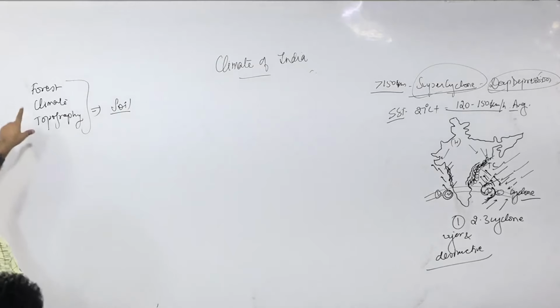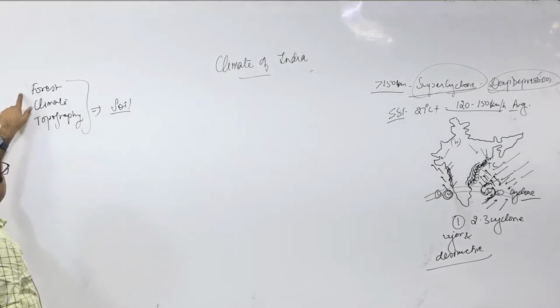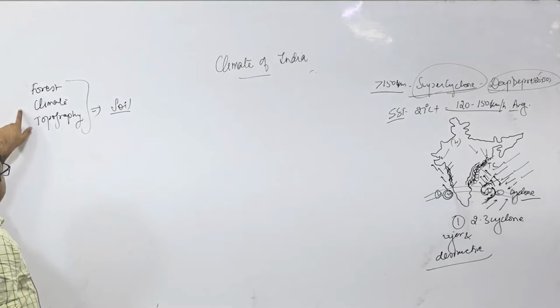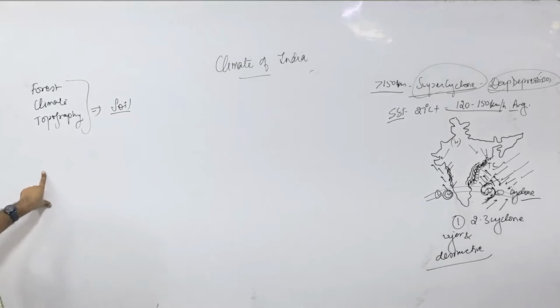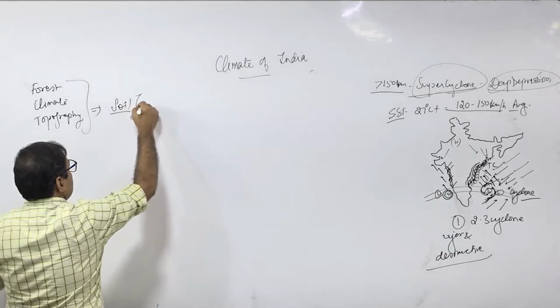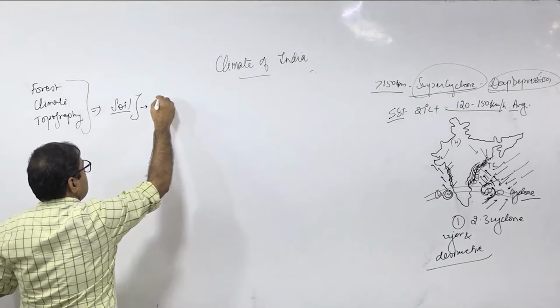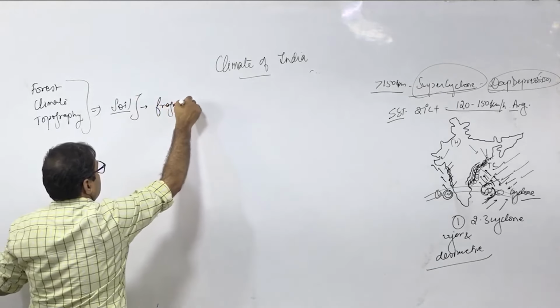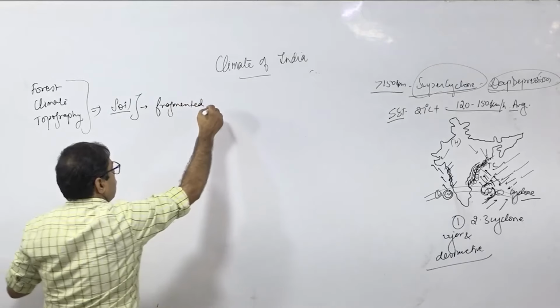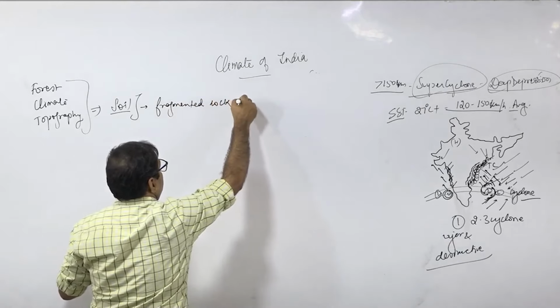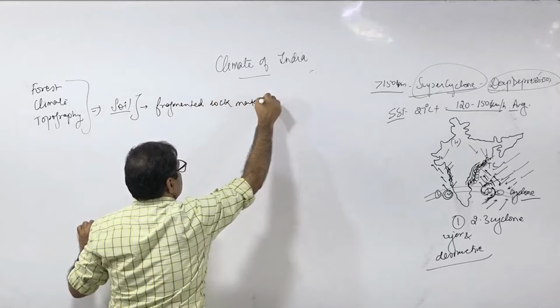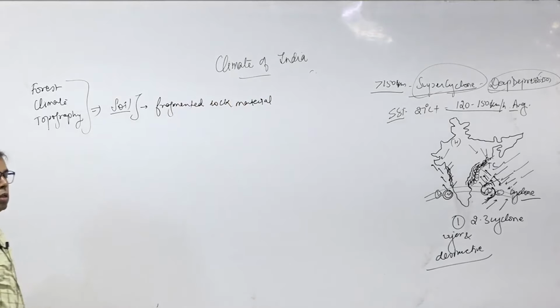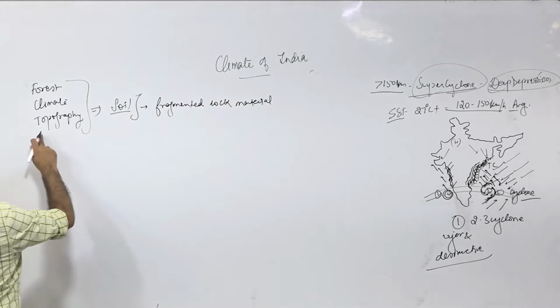So the soil has been affected by forest cover or the vegetation, climate and topography, right? So what is soil? Soil is fragmented rock material, is called the soil. So soil is a renewable resource or non-renewable?